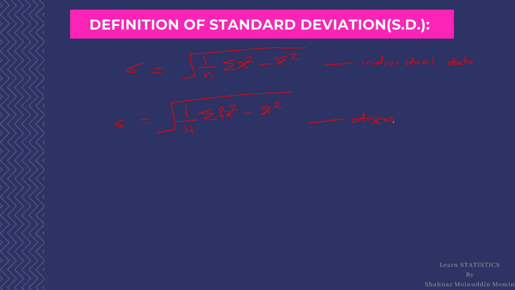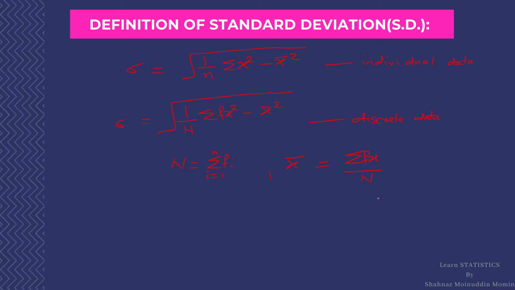Discrete data means data containing values along with their frequencies. That is known as discrete data, where n is nothing but the sum of frequencies, summation of f. Here for every summation, i is from 1 to n, and this x bar is nothing but the mean, which is given by summation fx divided by capital N.